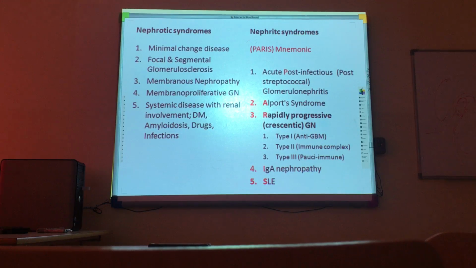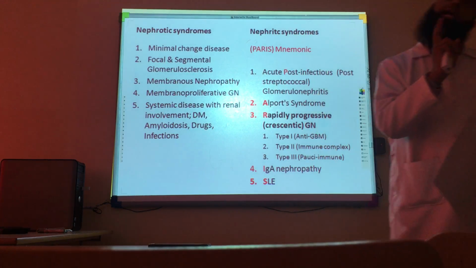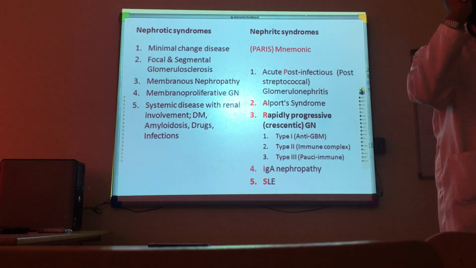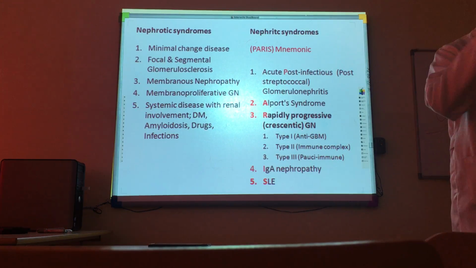Acute post-streptococcal glomerulonephritis. Whenever something is being asked, always remember to quote the first thing first. Inflammation. Hematuria. Proteinuria is the secondary thing. So you should remember nephritic is inflammation leading to hematuria. So first always tell this.